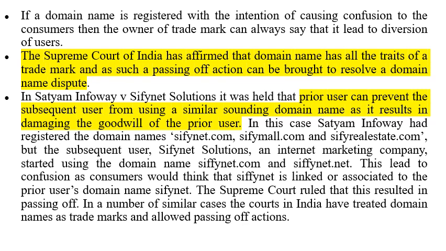Also, as you can see, in India per se, what I discussed was that ICANN is a particular body by WIPO.